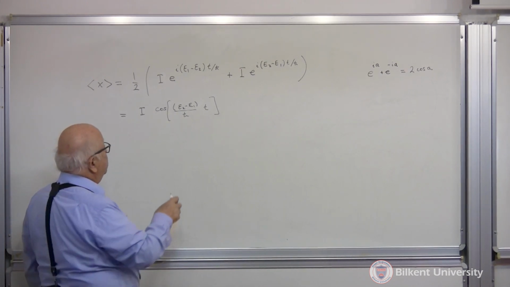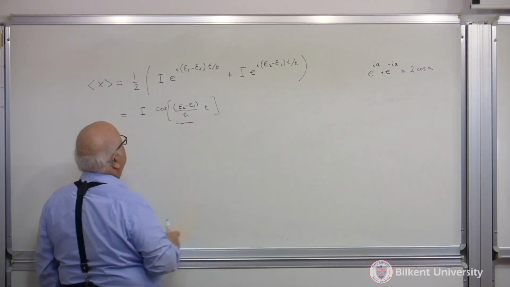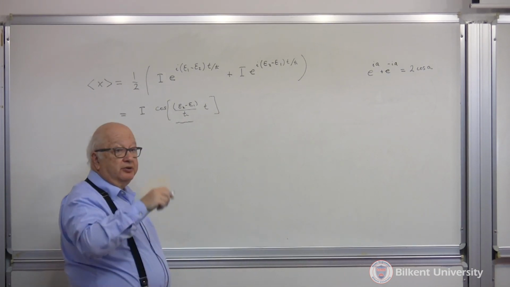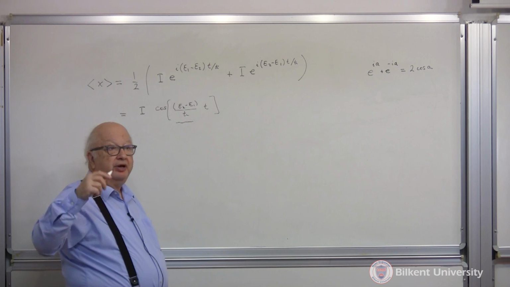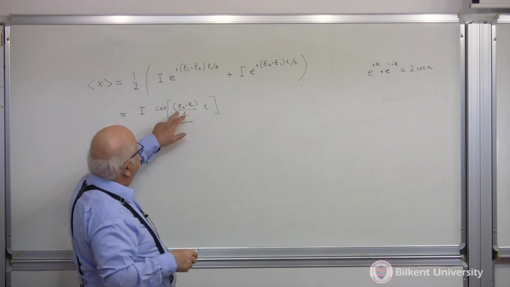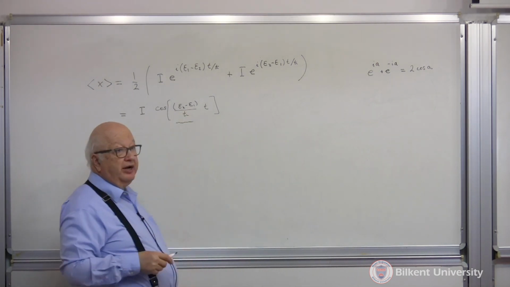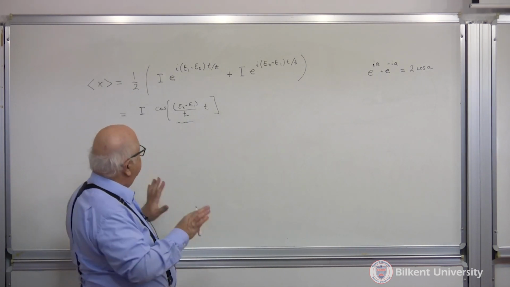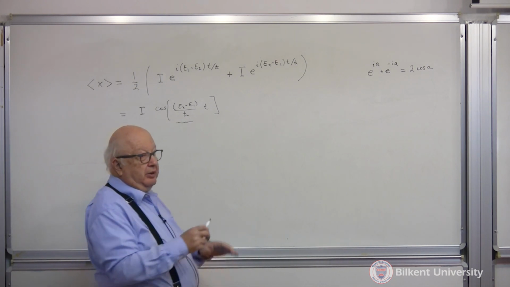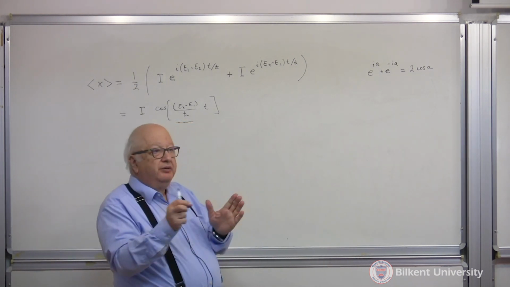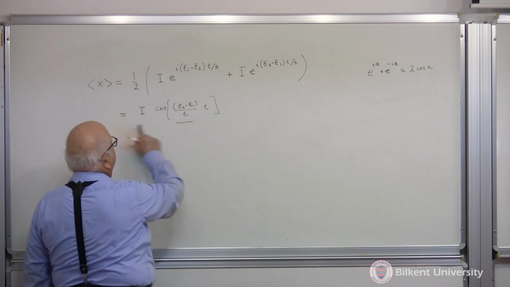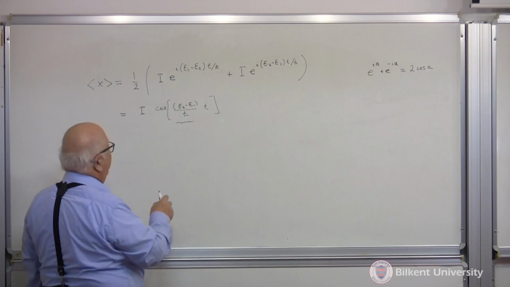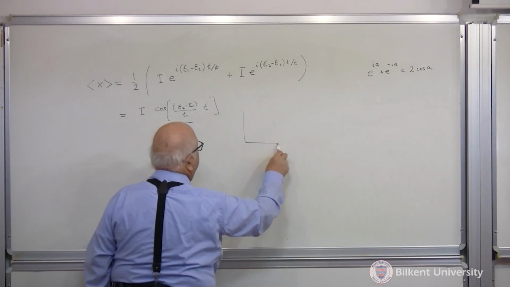This means that my average value of x is oscillating with a frequency which is related to the energy difference. If we think about this as a classical object with some position oscillating like this, I have a charge inside this potential well.